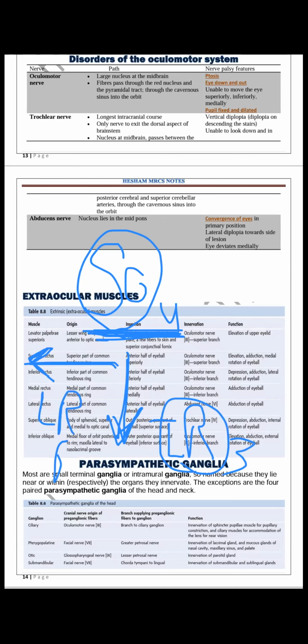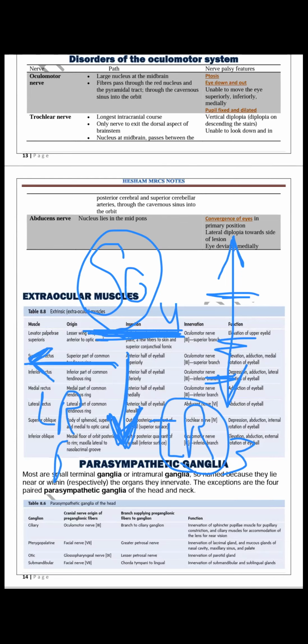So here you will have no action except what is called vertical diplopia. Once you are moving your eye from above downward, you will see slight diplopia, because the superior oblique helps in this downward action with the inferior oblique. You will have what's called vertical diplopia.